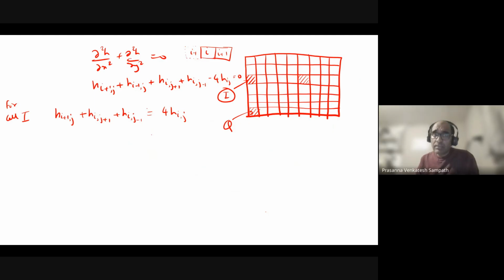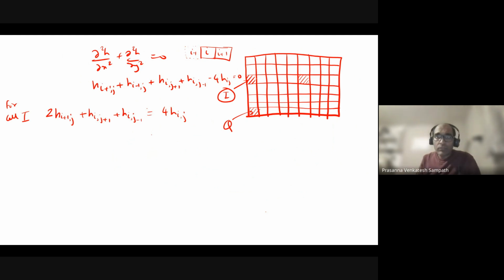So in that case, remember this i minus 1 cell doesn't exist, but to include it in the model, I'll have to simply do 2 times H i plus 1 comma j, because i minus 1 cell would have been equal to i plus 1 cell head. So now I have figured out how to handle that particular cell, and I'll have to do this for all the cells in that column.